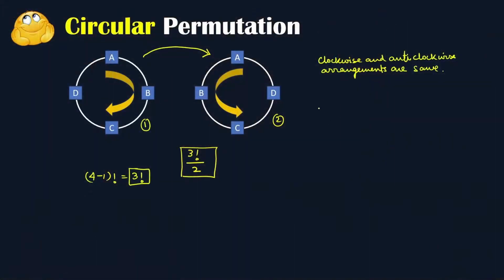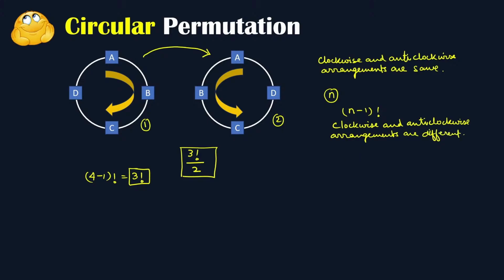So if there are n people sitting around a table, and the clockwise and anti-clockwise arrangements are different, then the total number of circular permutations will be n minus 1 factorial.